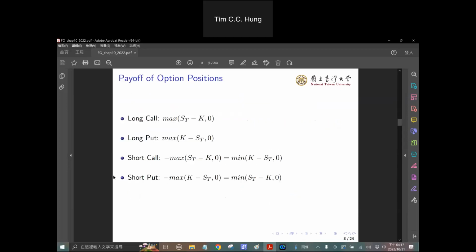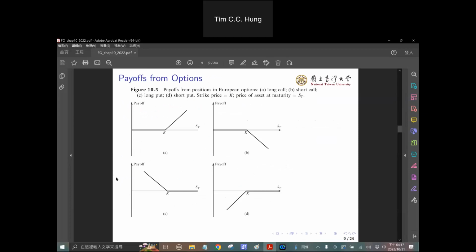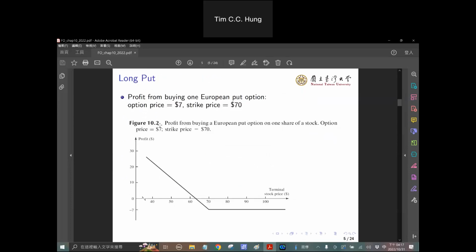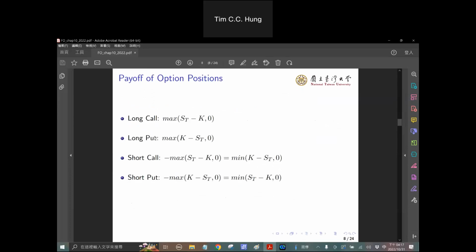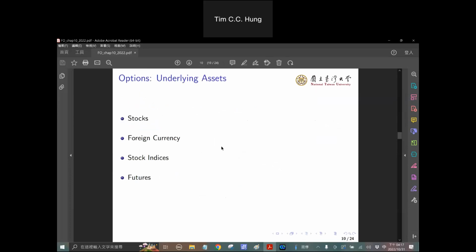Once again, the payoffs of options: how do we go from payoffs to P&L, profit and loss? We're basically just shifting them vertically according to the cost or the premiums you pay to construct these positions.